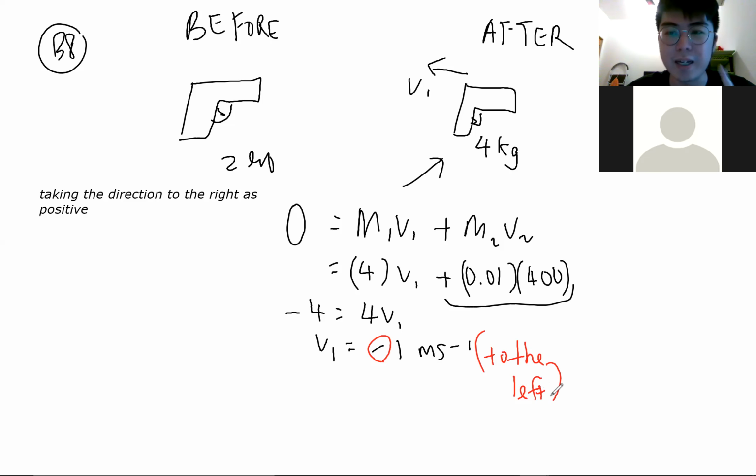Okay, so that is how you find V1, meaning that the gun recoils at a rate of 1 meter per second. So the answer would be B, minus 1. Okay, so the key for this question, what is confusing, is that the total momentum before you fire the gun is always 0.